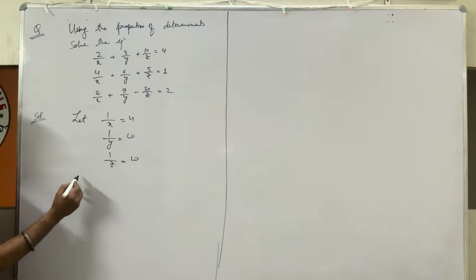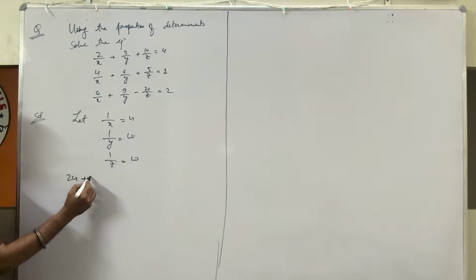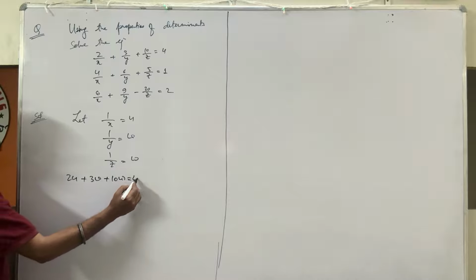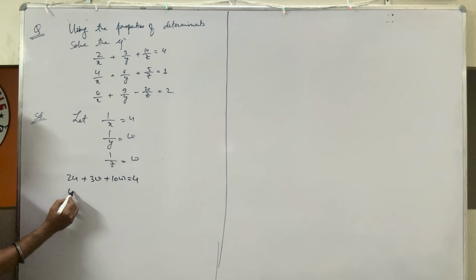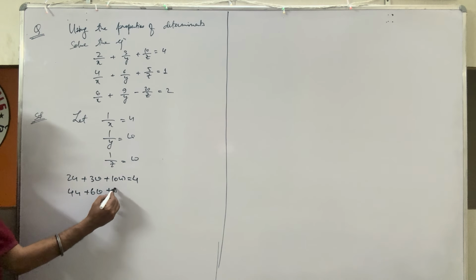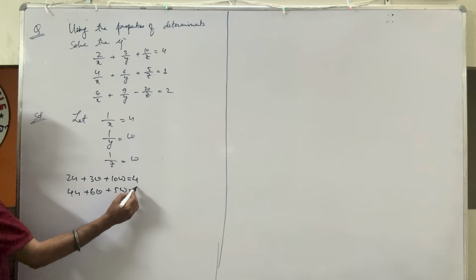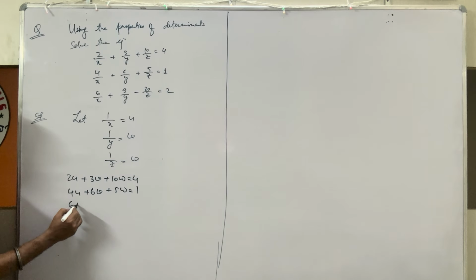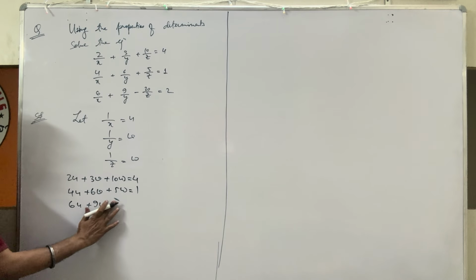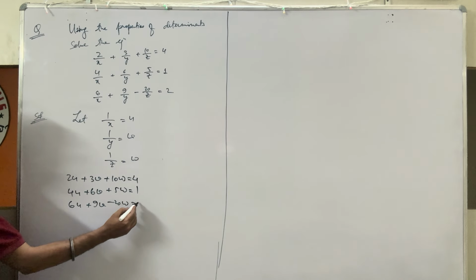Now the pair of equations becomes 2u plus 3v plus 10w is equal to 4, then 4u minus 6v plus 5w is equal to 1, and then 6u plus 9v minus 20w is equal to 2.